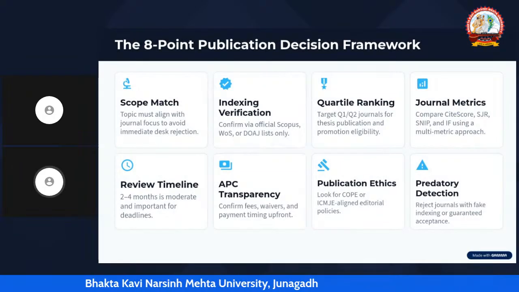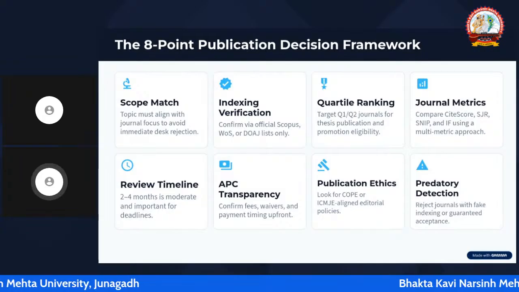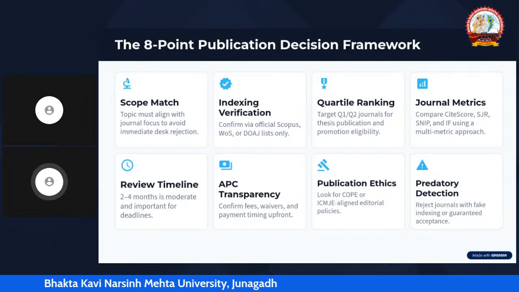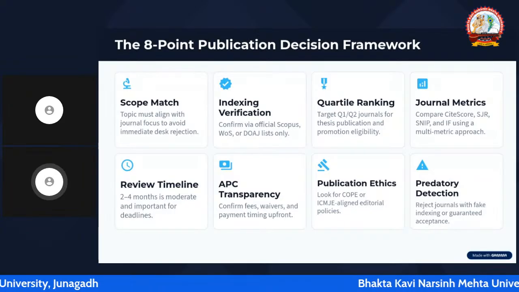We have a decision framework. There are 8 measure points. Using these points, we can identify where to publish our valuable paper or article, so we are also discussing this.